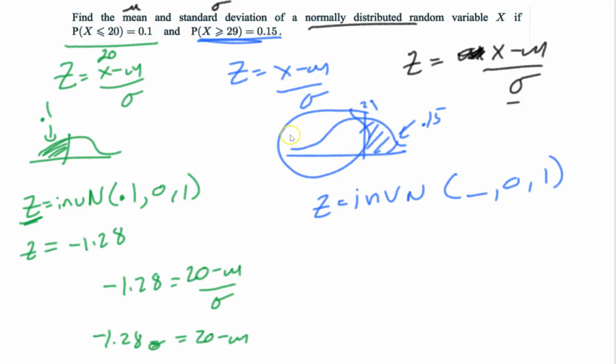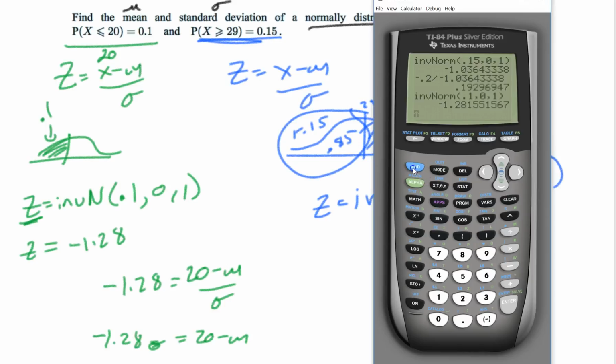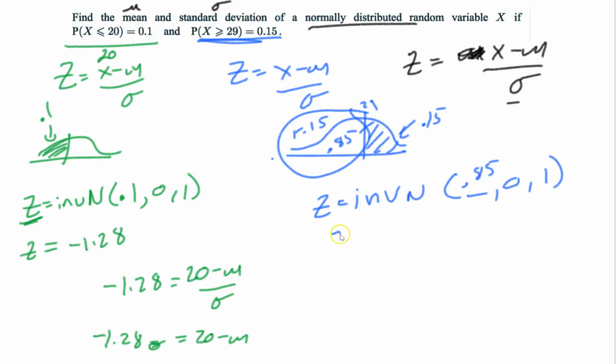So 1 minus that is 0.85. That's what I have to use. Has to be the left hand side. So all that we just put in our calculator, 0.85, 1.04, if I round to 3 sig figs.